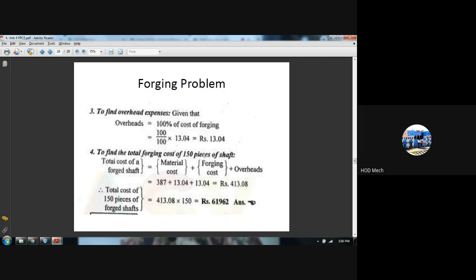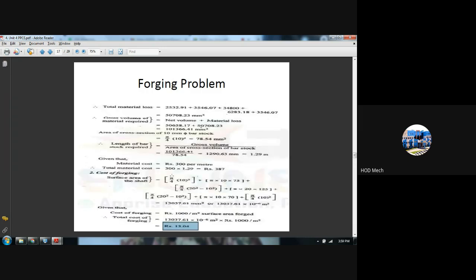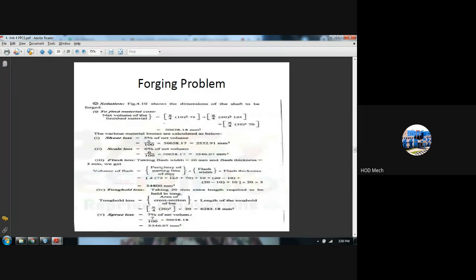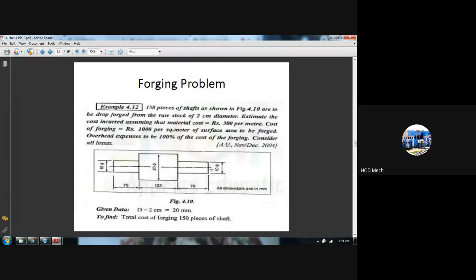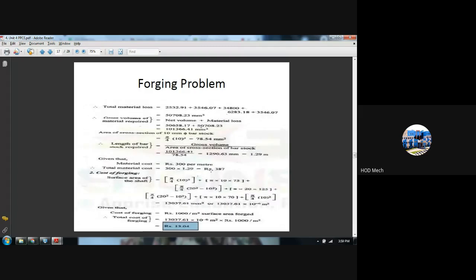Now to find total cost of 150 pieces. இப்போ ஒரு shaft forge பண்றதுக்கு எவ்வளவு செலவாகுதுன்னு பாருங்க. For forging one shaft, the cost is equal to material cost of one shaft. Material cost of one shaft என்ன? Rupees 387.